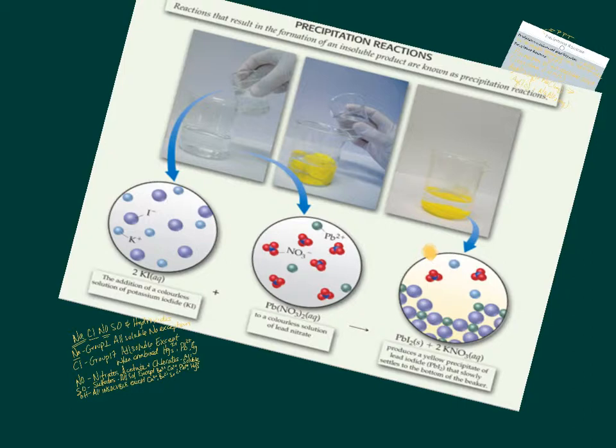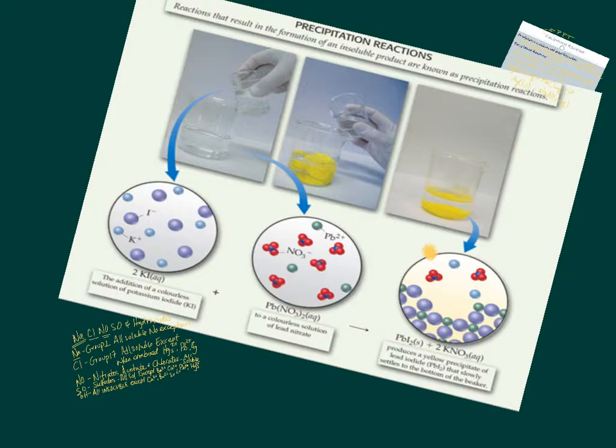So let's talk about that. KI, potassium iodide, is going to be soluble. Why? According to NaClNOSO, K is a group 1 element, so it falls under the Na rule. Not to mention that iodine is group 17, falls under the Cl rule, and there's no mercury, lead, or silver.